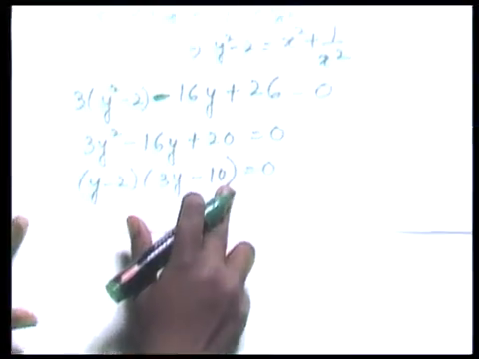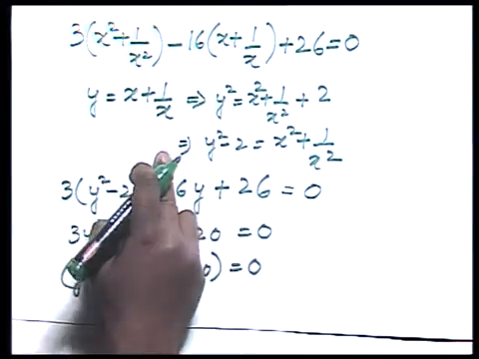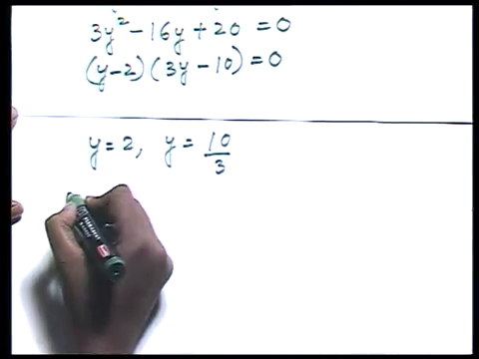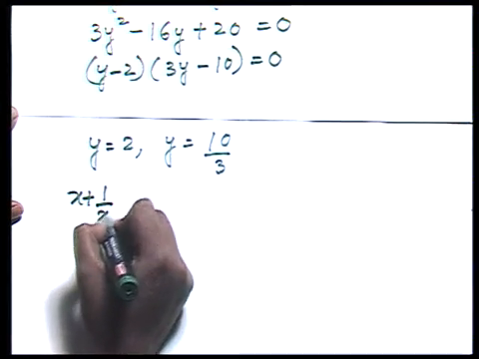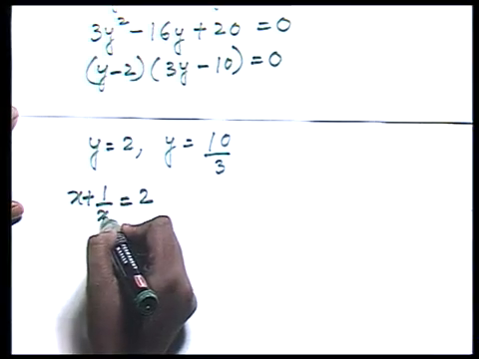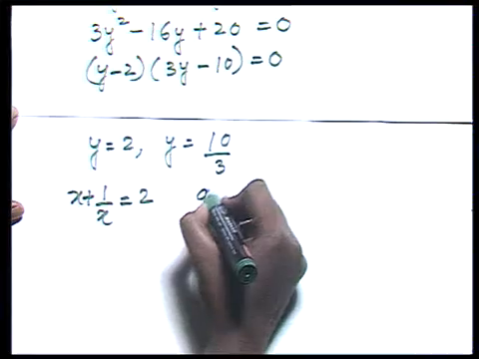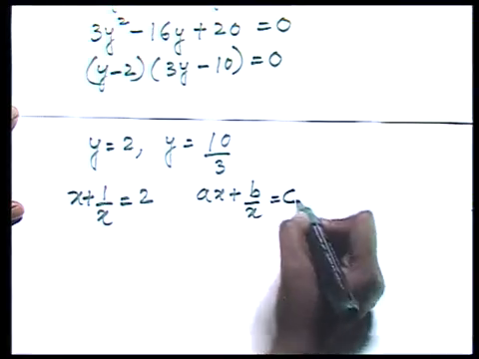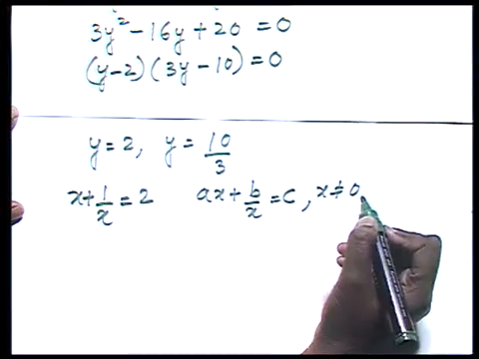But we want the value of x because the equation given to us was in x. So, again replacing this y by x plus 1 upon x, we get x plus 1 upon x is equal to 2. Now, we have solved equation of this type in our earlier lesson, that is equation of the form ax plus b upon x is equal to c, if you remember correctly, where x is not equal to 0.